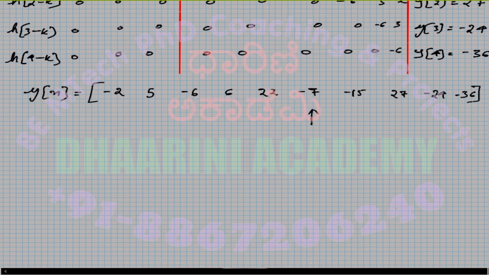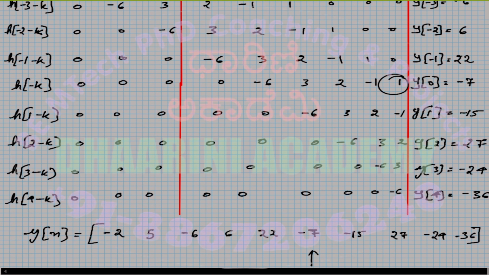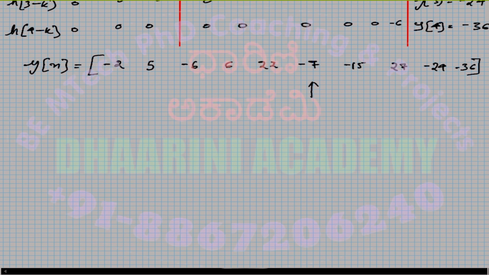I'll tell you a verification method now. Okay, so this is the rule, right? Just to find out not the values, but to verify from where the signal starts and where the function ends. What is the index? Now let us assume x of n has length equal to l1.